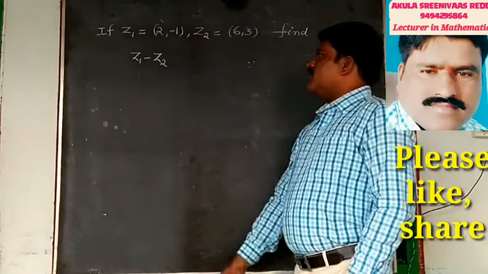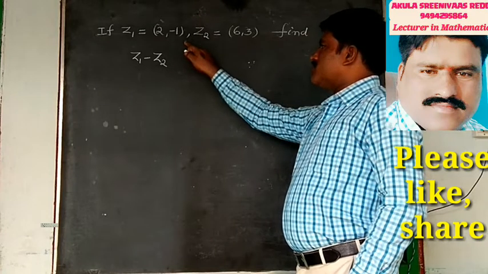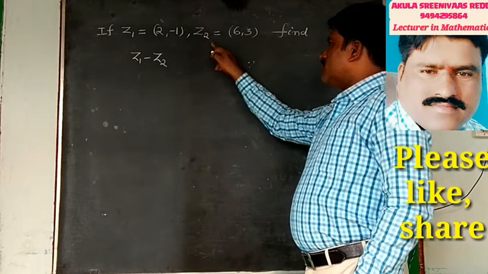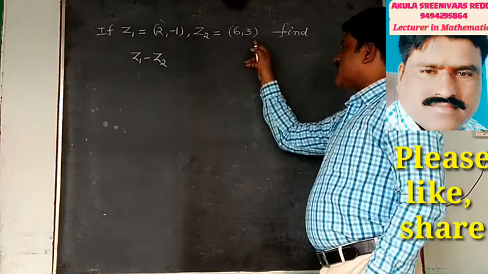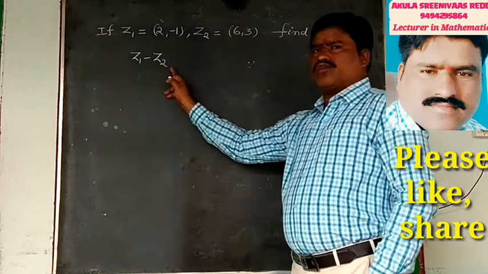First problem. If Z1 is equal to 2 comma minus 1, Z2 is equal to 6 comma 3, then find Z1 minus Z2.